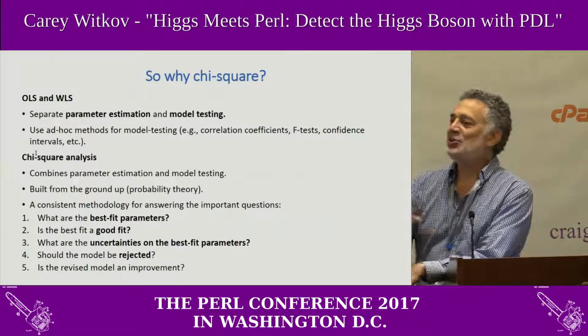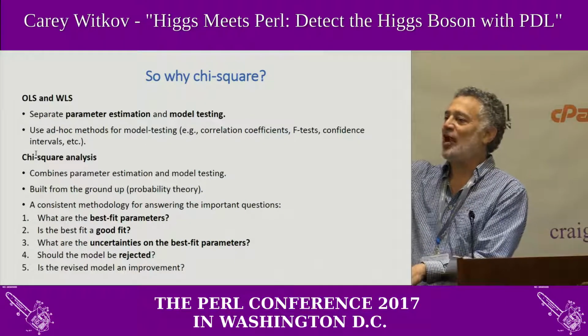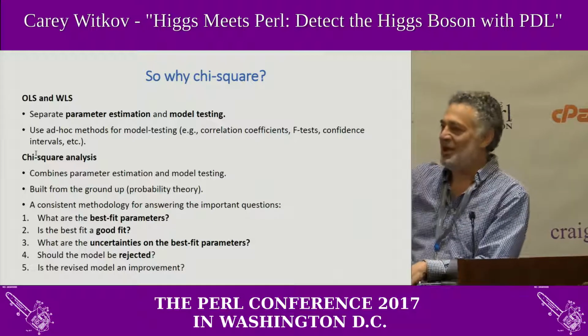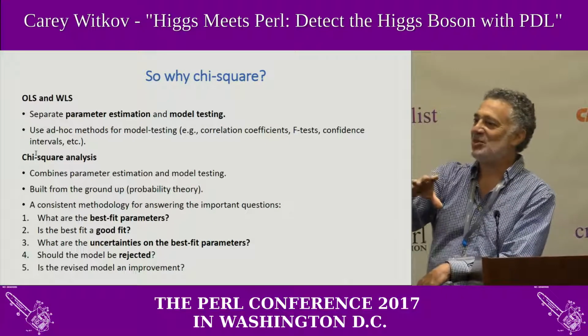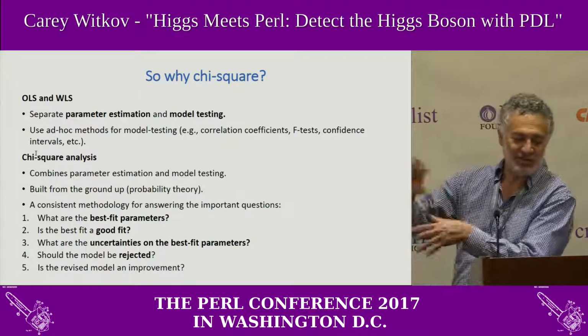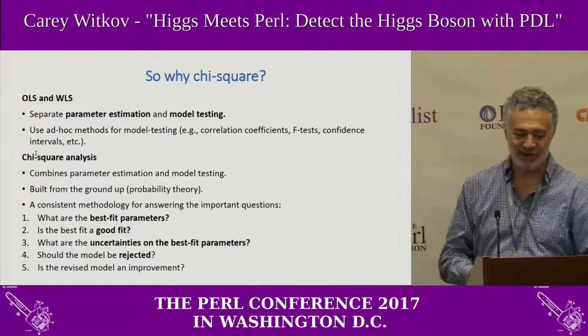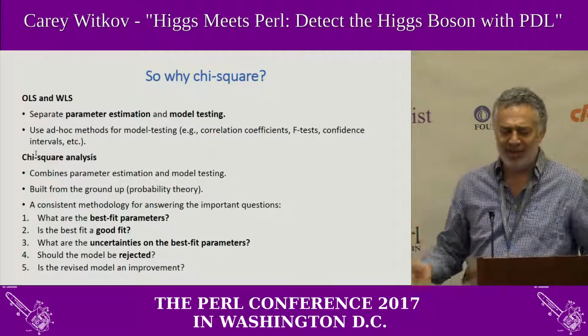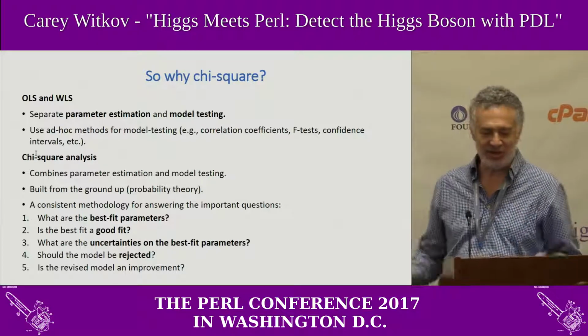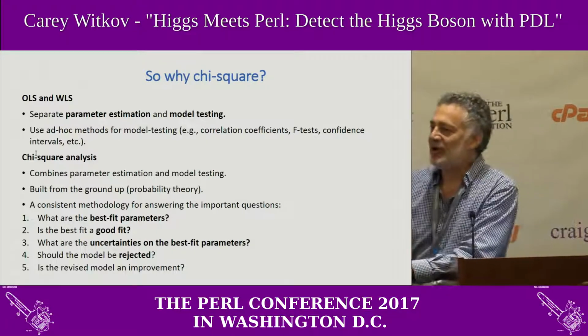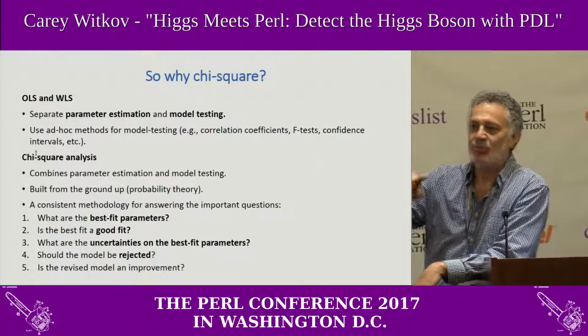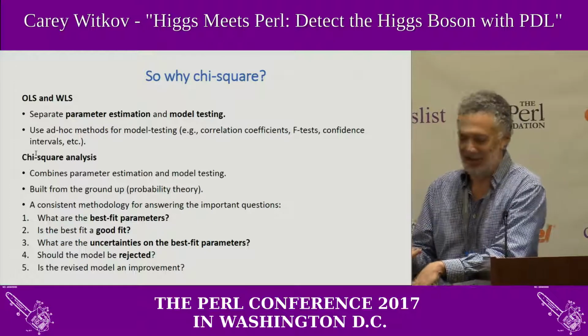Ordinary least squares and weighted least squares separate the problem of parameter estimation and model testing. They figure out the best parameters, then they use sometimes ad hoc methods for model testing with things like correlation coefficients, f-tests, confidence intervals. Chi-square analysis combines parameter estimation and model testing.